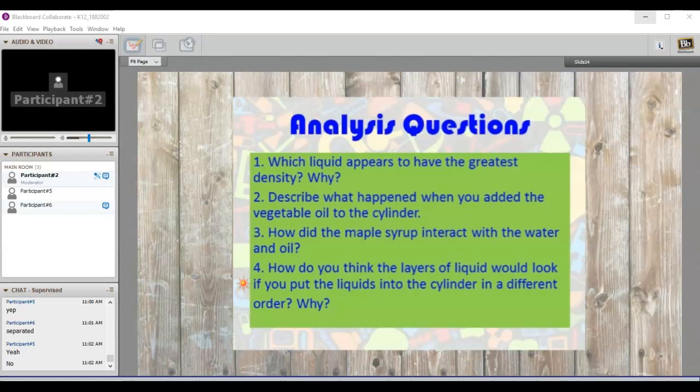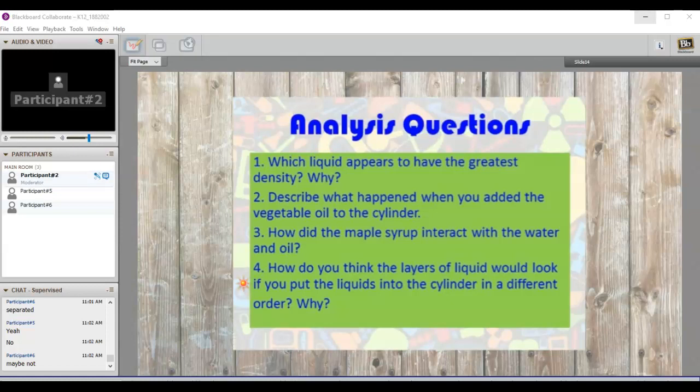All right, no is the correct answer. They would have lined out exactly the same, no matter the order, because no matter the order they were put in, their density does not change. So they are still going to stack up in the order of, at the top, the least dense, all the way down, the heaviest.